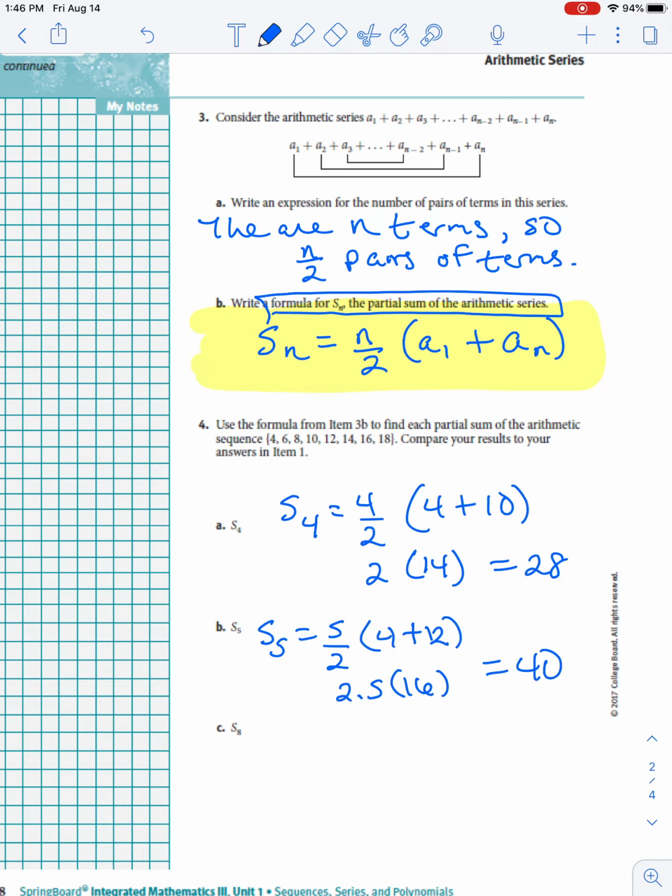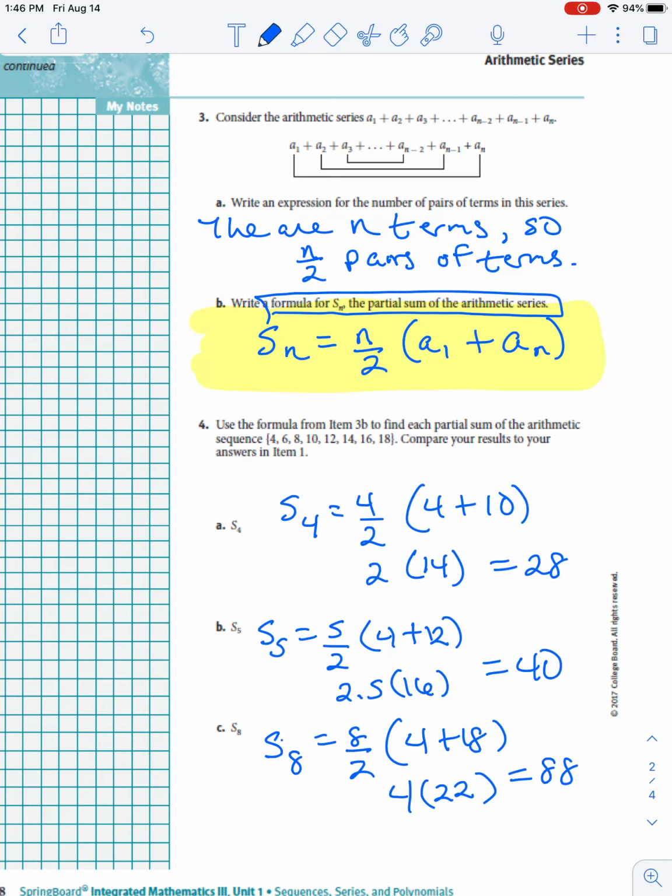So the sum of the first 5 terms is 40, as we saw before. And finally, the first 8 terms, we're going to take s sub 8. We're going to take 8 divided by 2. There's 4 pairs, like we saw. And we're going to take the first term 4, plus the last term, which is 18. 4 times 22, and that is 88.